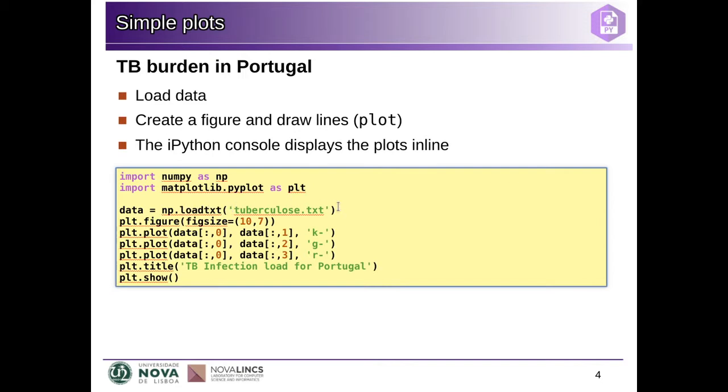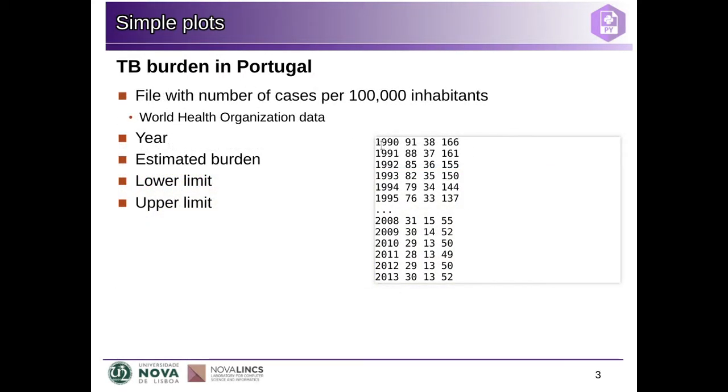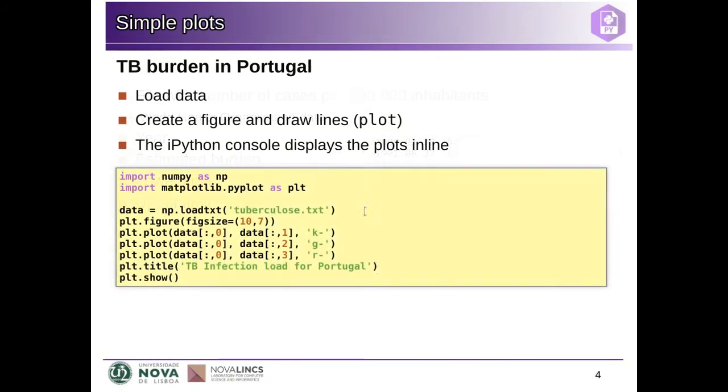There are actually other arguments that you can give here, say you need to skip some header rows, or you need to change the separator between the values or something like that. But for this particular one, we just need to use loadtxt and load the file. So this data object here will be a NumPy array with this shape. So 4 columns and 1 row per each year.